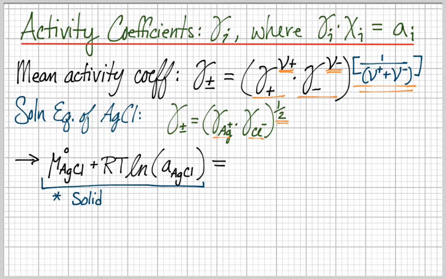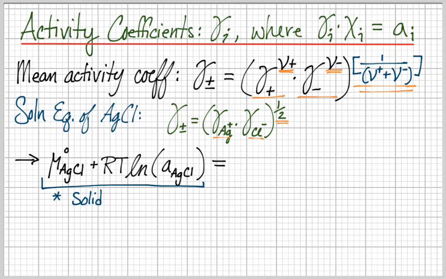So I would write the chemical potential of the solid phase on one side of the equation equal to the chemical potential of the dissolved ion species on the right side of the equation at chemical equilibrium for a solubility study. So you're seeing a chemical potential as a standard chemical potential. This would be at a 1 bar pressure and at the temperature of interest, say 25 degrees Celsius or 298 Kelvin.